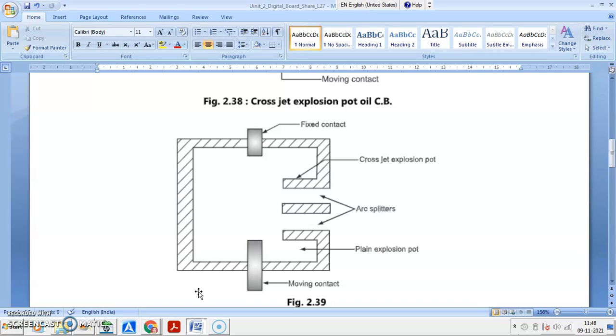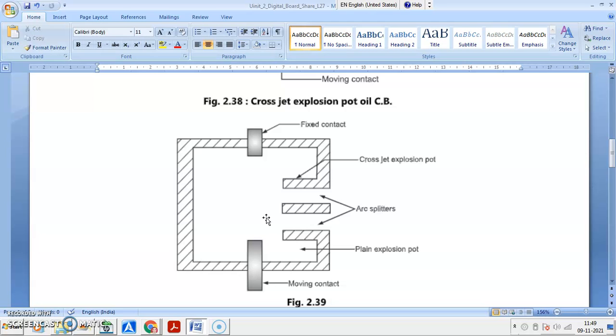Under normal working condition the moving contact is closed, and when the fault condition occurs, the moving contact comes down. The arc is formed between the moving and fixed contact, and this is the special design of the self-compensated explosion pot. The arc decomposes the transformer oil, producing hydrogen gas between the fixed and moving contact.